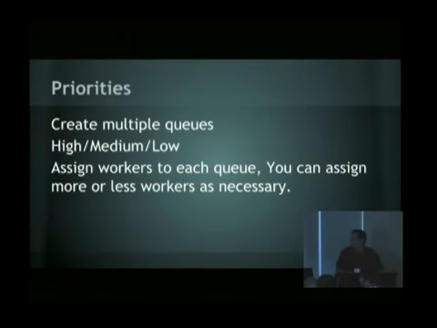So you saw that one of our queue names was high. So, priorities. What we ran into was a problem: we had queues that we were using for a number of different things. We had really high priority things where the user clicked on something, and we wanted to make sure that that data got fed into the data warehouse right away, so if they ran a report on that data that they just put in, it would be in there as quickly as possible.